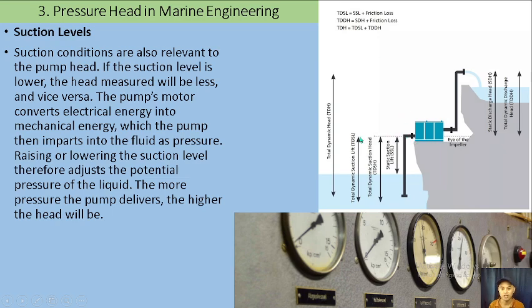If the suction is in line with your pump, you have a zero, neutral suction. You also have losses during your suction, depending on your pipes, how big they are, and how many curves there are.